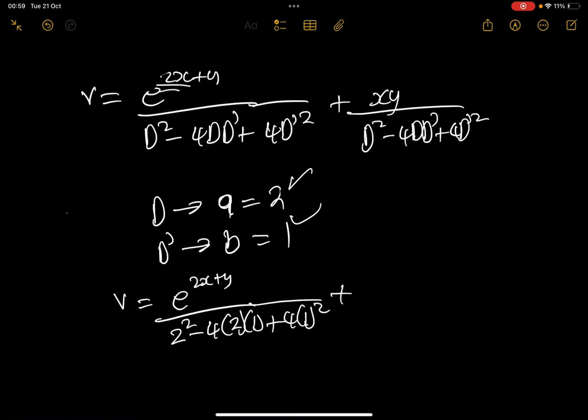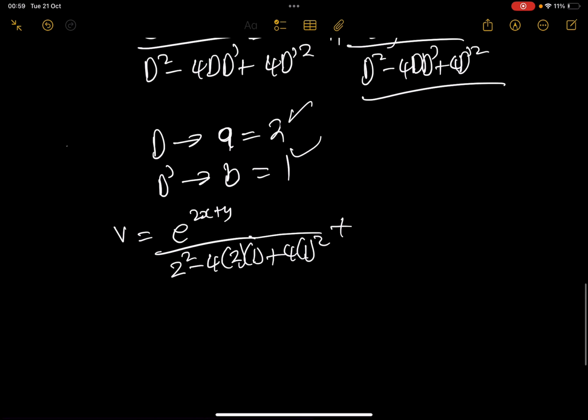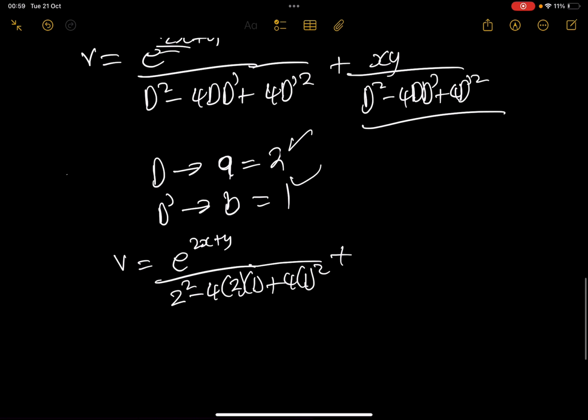So how do we evaluate this side using the binomial? First of all, this is the same. We just need to factor out on the denominator. The first thing that you do, you factor out D squared. So you're going to have xy over D squared, and if you factor out D squared, what do you get?